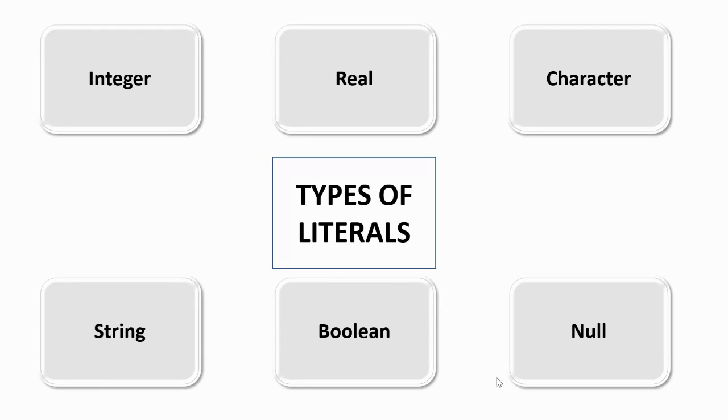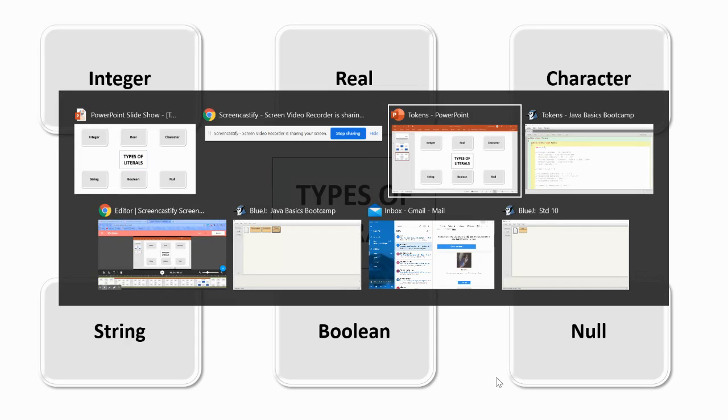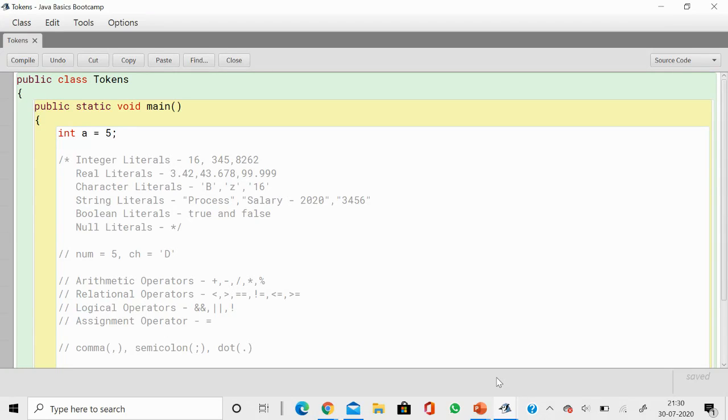So let's see the various examples of literals in BlueJ. Here I've created a class called tokens and written down some examples of various kinds of tokens. As I mentioned, there are six types of literals.